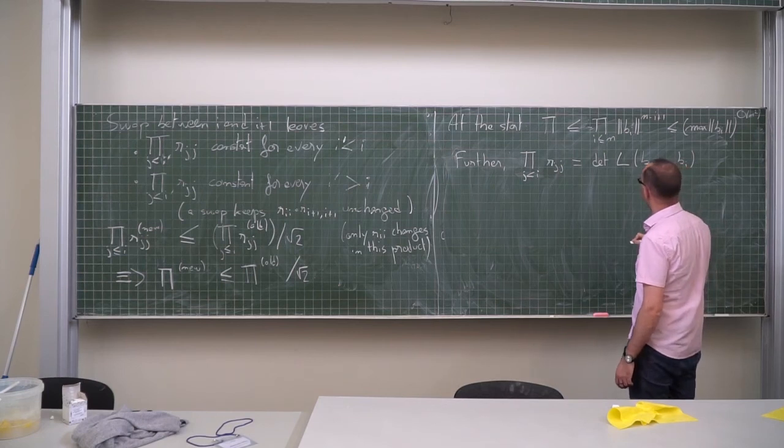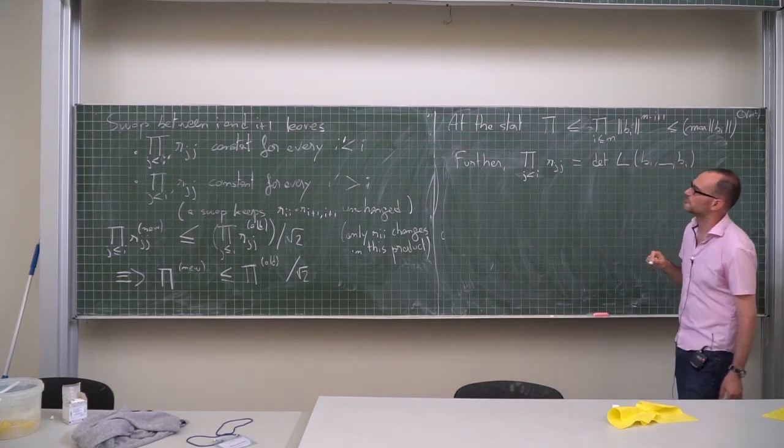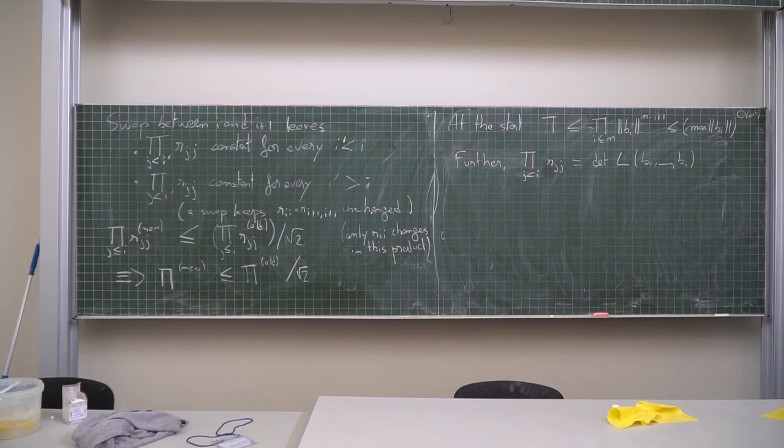Or maybe it's not a good argument because I didn't define the determinant of a non-square lattice. So maybe that's not a smart choice. Anyway, here you will have to trust me because I didn't do it yesterday.